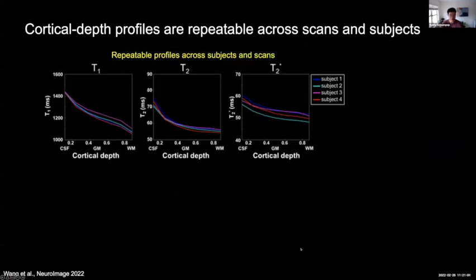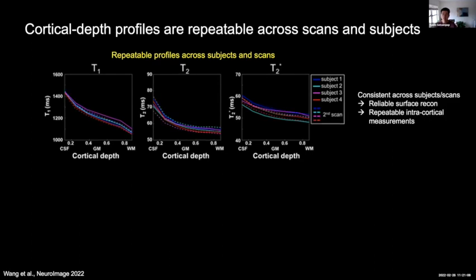Let's zoom into one of these brain regions and look at repeatability of these cortical profiles across subjects and scans, where we've seen consistent and repeatable profiles across subjects as well as scan-rescan, showing that we have reliable surface reconstruction from this fast scan, as well as repeatable intracortical measurements.